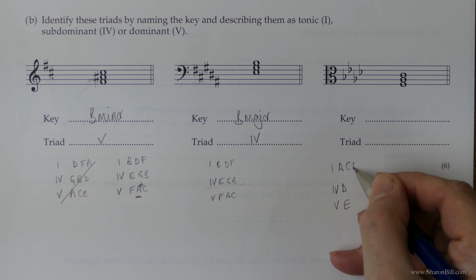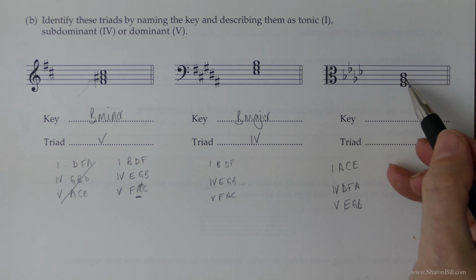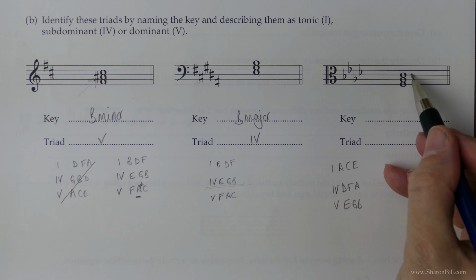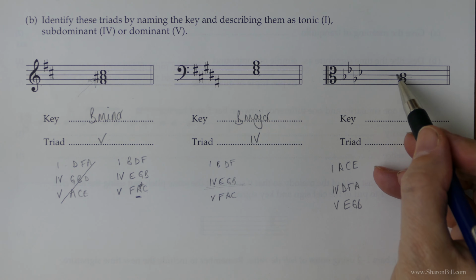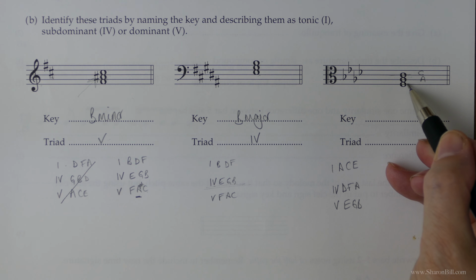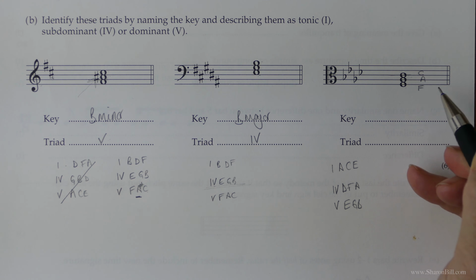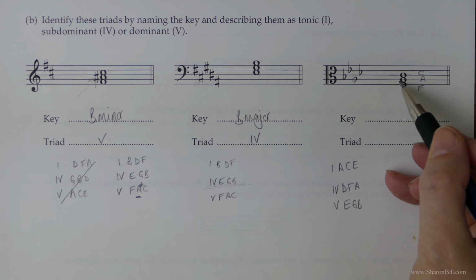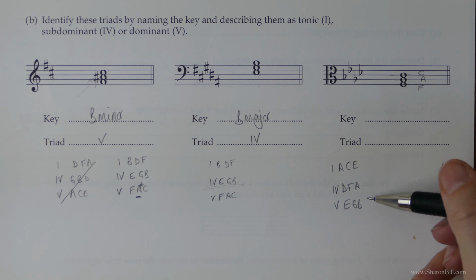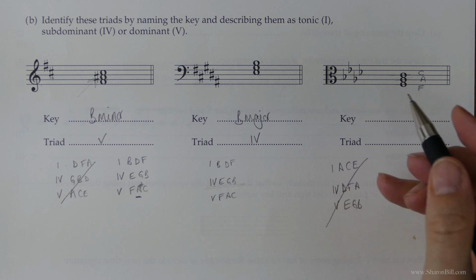So A, C, E; D, F, A; E, G, B. Now here, this is the alto clef, that's middle C. So we have a C, B and A, and an F. F, G, A, B, C, that's it. None of those are appropriate, and so we must be in the related minor key.